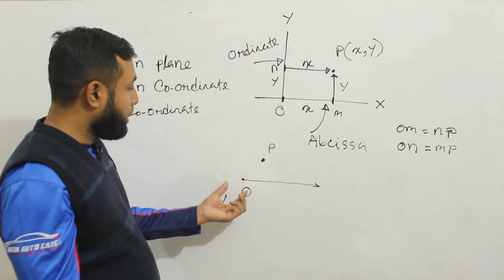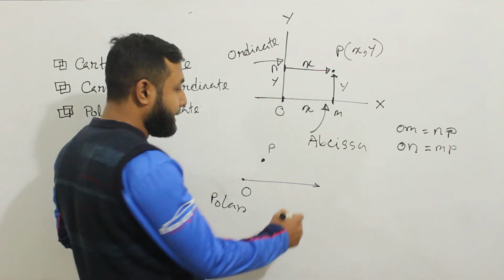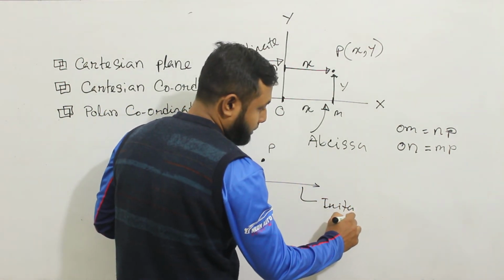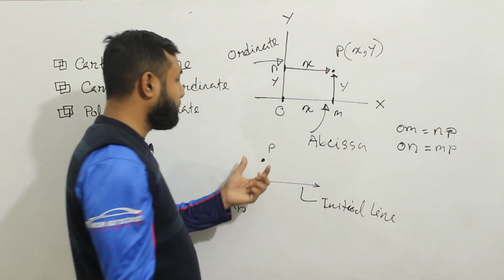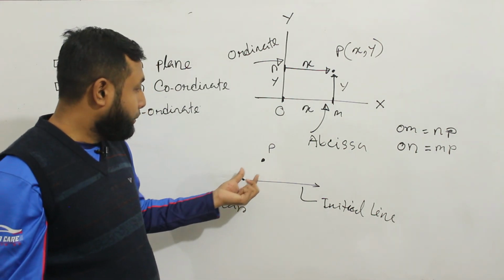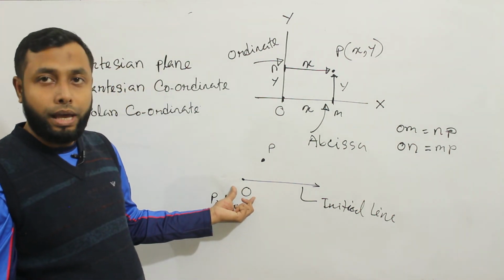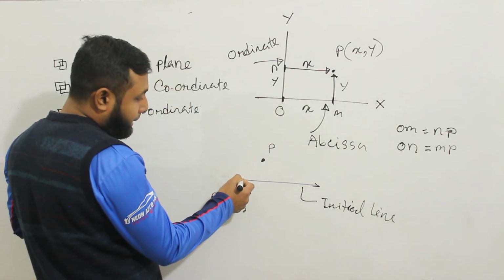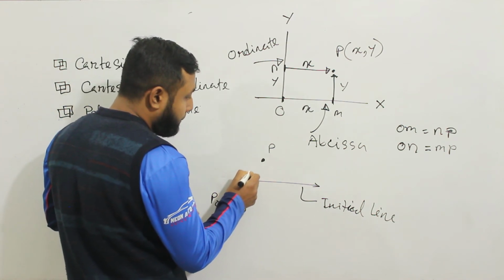That's the starting position of that straight line, and the line is named the initial line. We can measure the position of point P with respect to that straight line that starts from point O, and we can draw a line from point O to the point P.